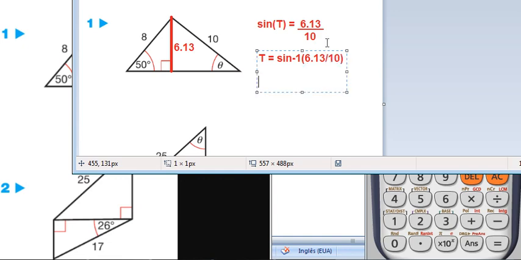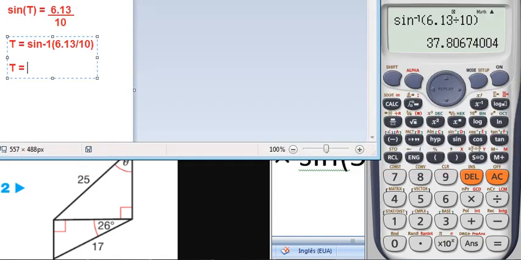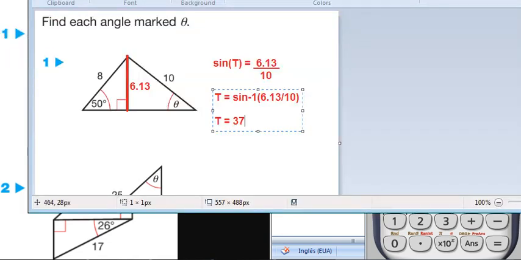So t is going to be equal to sine minus 1 of 6.13 divided by 10, which is 37.8. Okay, this is for the first exercise.